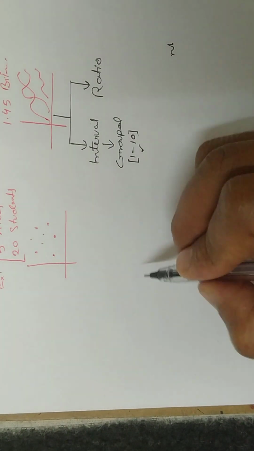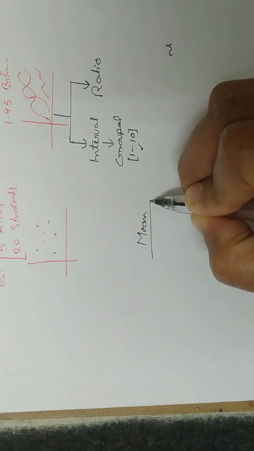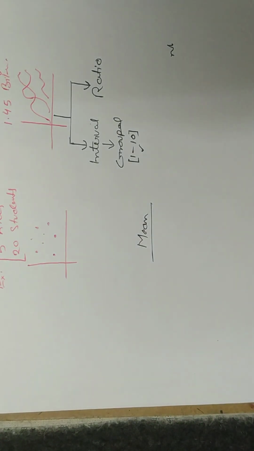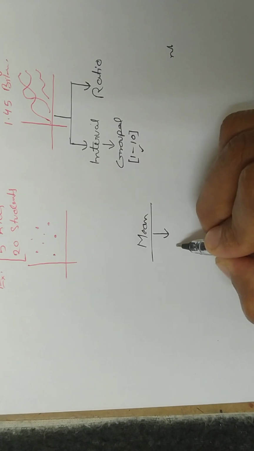Let us learn about the mean. Students, mean is a very simple process, a simple calculation. The arithmetic mean is found by adding the numbers and dividing the sum by the number of numbers in the list. Basically, we have three types of mean.